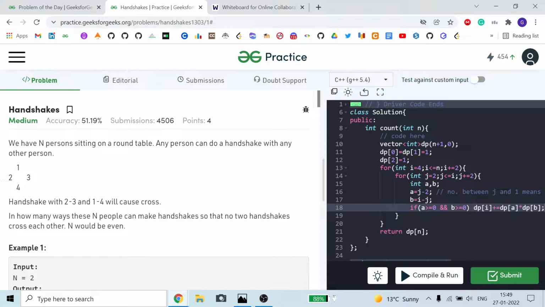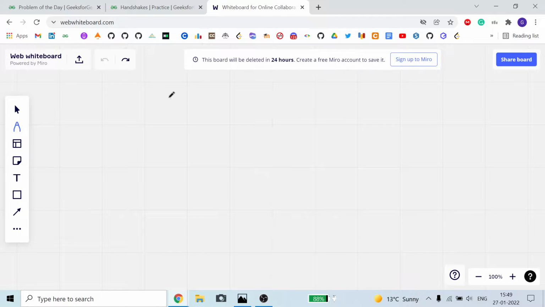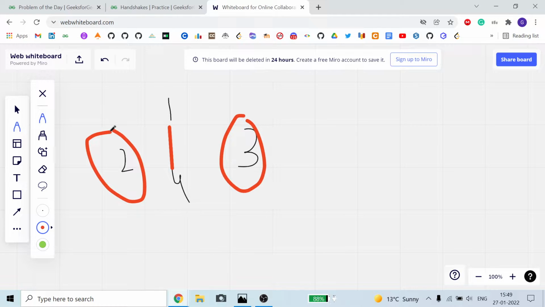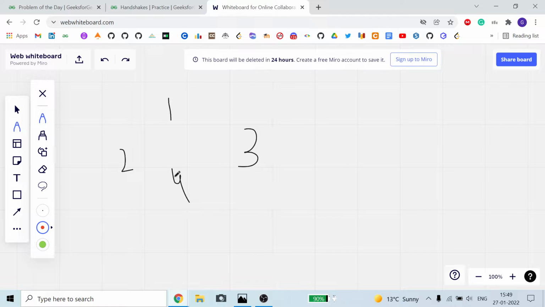Suppose 1 and 4 do a handshake, then these 3 and 2 remain unhandshaken, because they cannot shake hands like this. If they shake hands, it will cross 1 and 4. That's why in this case we can only shake either 1 and 4 or 2 and 3.